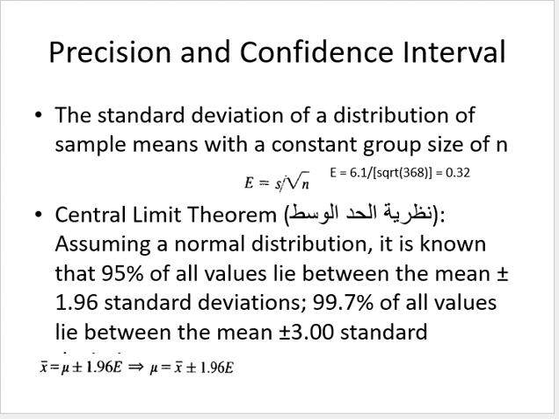Another thing which is related to normal distribution is the central limit theorem. The central limit theorem tells you that if you have a normal distribution, which we said is this, with the peak in the middle.